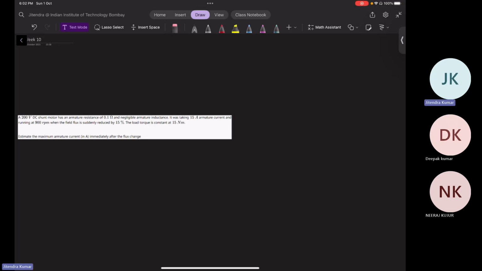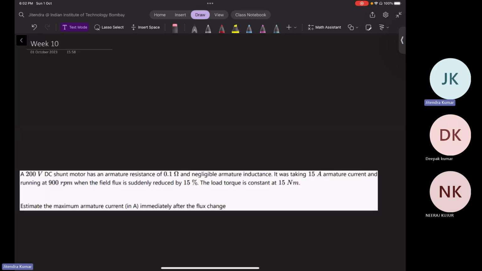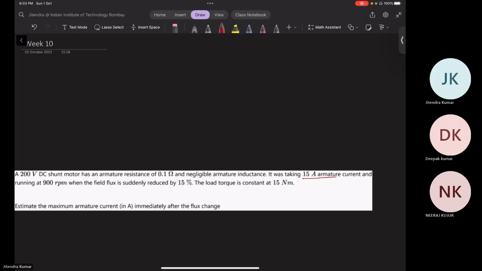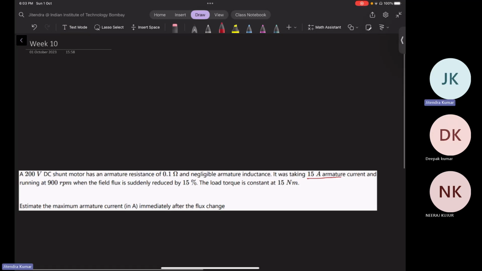This problem is based on a DC shunt motor with the voltage of 200 volt, has an armature resistance of 0.1 ohm and negligible armature inductance, and running at 900 rpm.